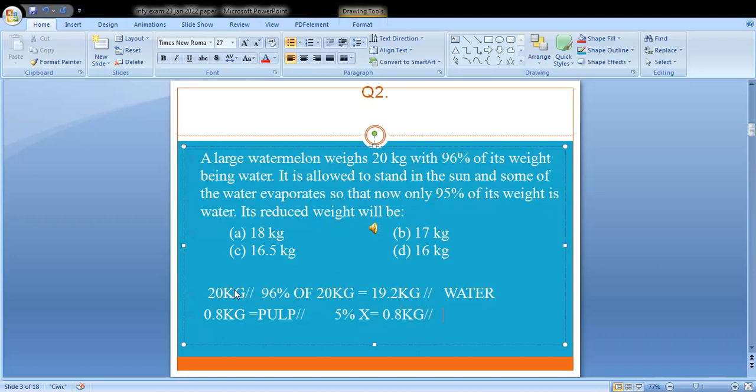That implies x equals 0.8 divided by 5 into 100, which is equal to 16 kgs.